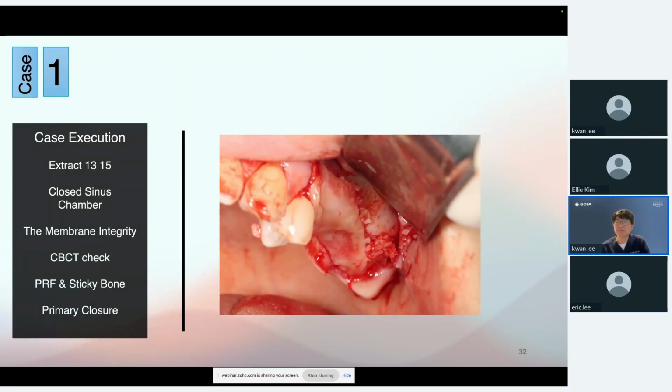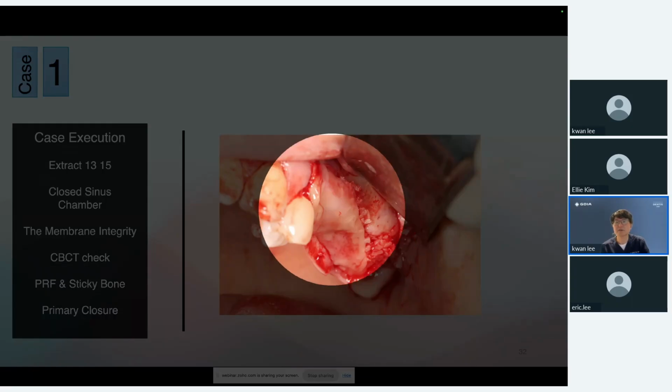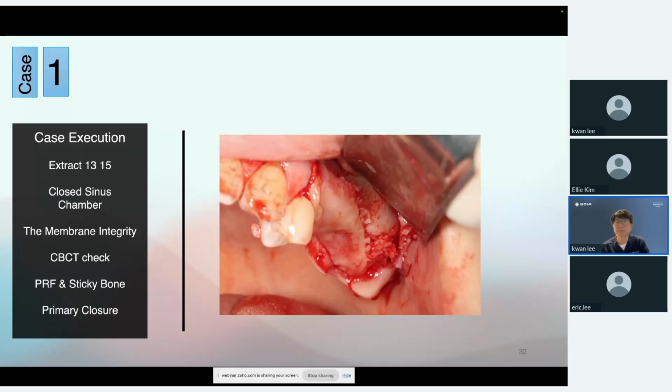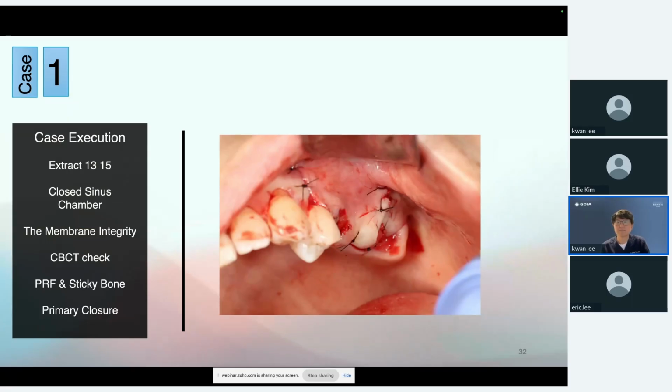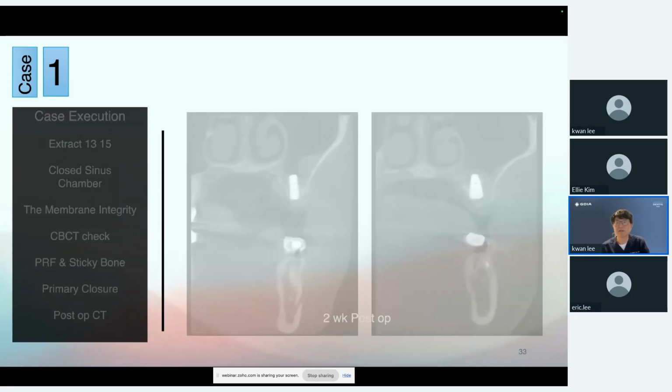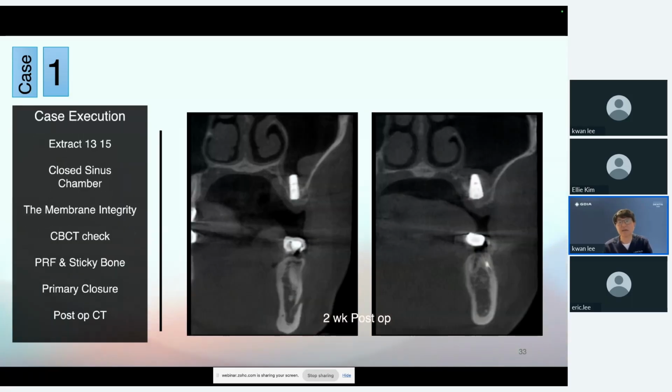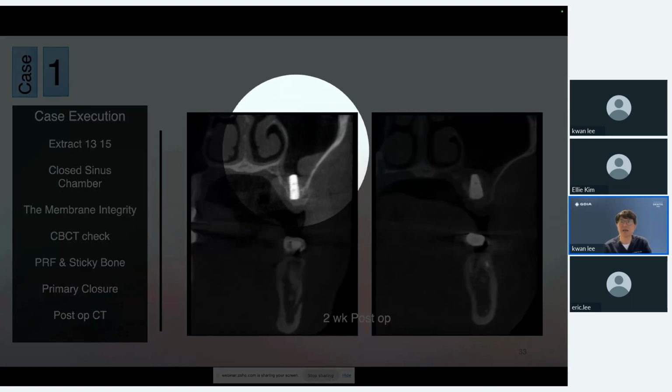Then after this, it's the same thing, the routine primary closure. So here, PRF, bone grafting, you're covering around the area, and primary closure, and you're done. And this is a 2-week post-op. At the 0-day post-op, you will see the membrane elevated way up high.